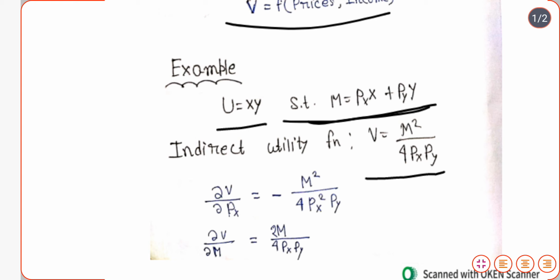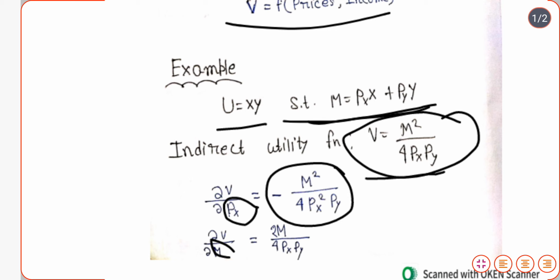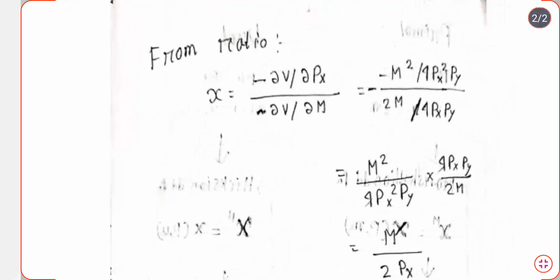Now if we take the partial derivative of this indirect utility function with respect to the price of commodity x, and the partial derivative of this indirect utility function with respect to the consumer's income, that is m, and take the ratio of both of these partial derivatives, at first the partial derivative with respect to the price of the good, and then with respect to the income, then we are going to get the Marshallian demand function, as we have just simplified it.